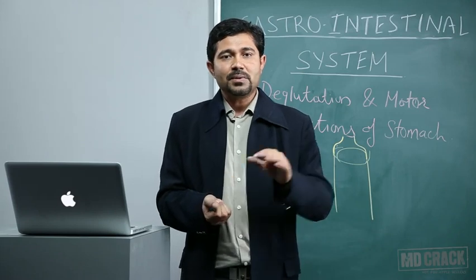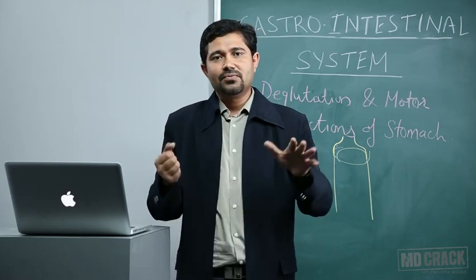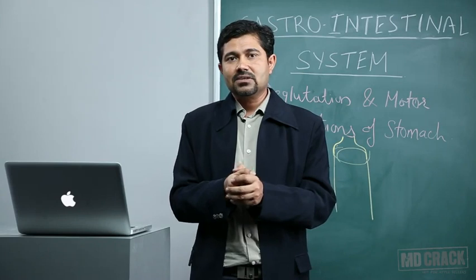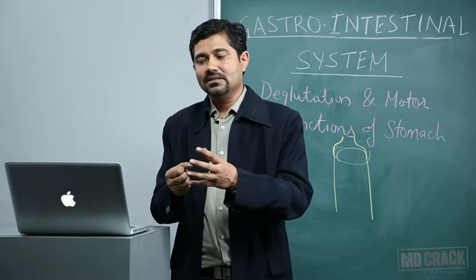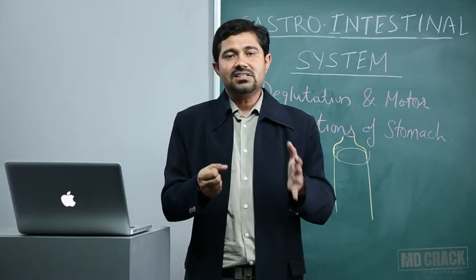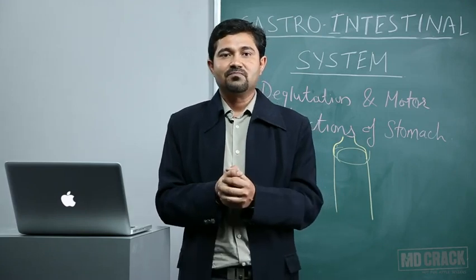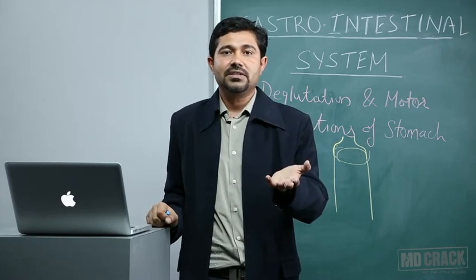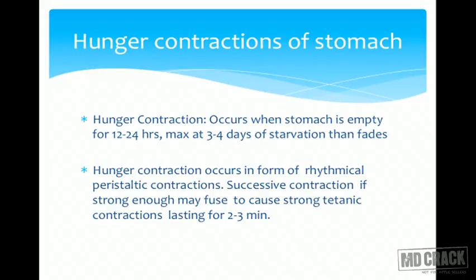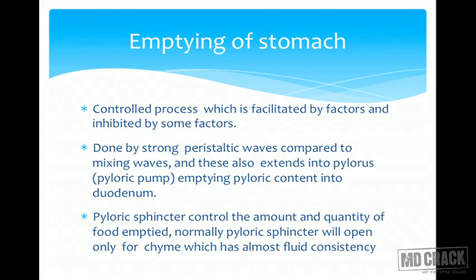If a number of such peristaltic waves are generated, they can fuse together, and a tetanic contraction of the stomach can occur for 2 to 3 minutes. And again there is a relaxation. So these are nothing but the hunger contractions. They can become maximum after 3 to 4 days of starvation, and then afterwards they will fade away, right? So these are called the hunger contractions.